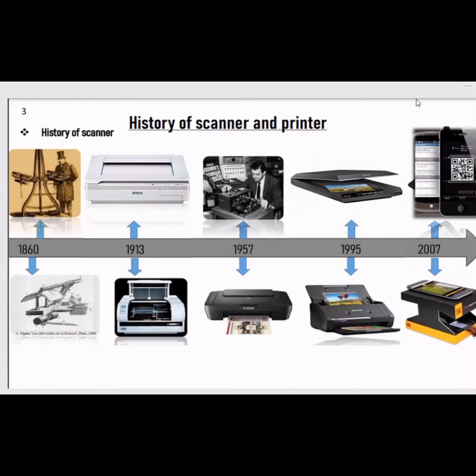It was the first practical image scanner, but it was also slightly taller than a human being, and a better design would not come out until the early 1900s.